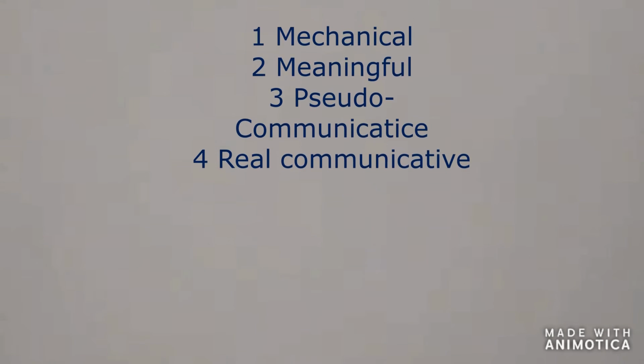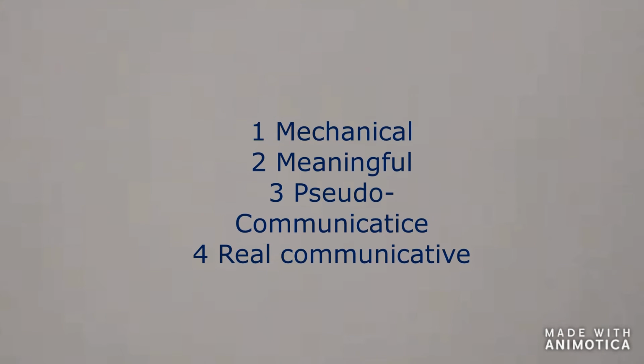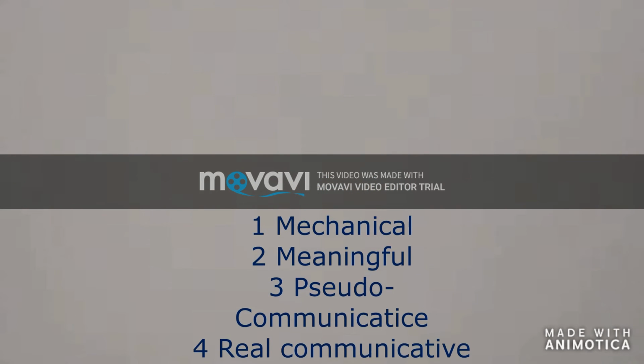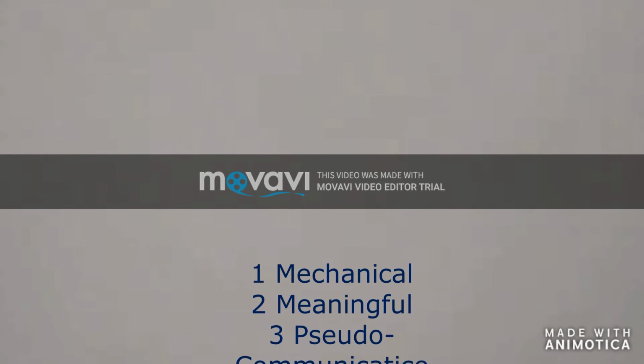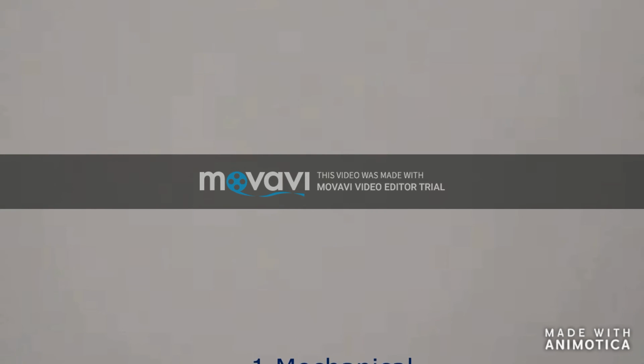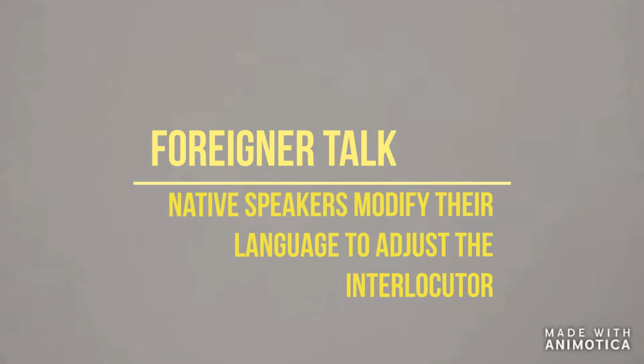Number two is meaningful. Language is contextualized, but there is no exchange of real information. Number three is pseudo-communicative. There is some information exchange, but in a different way from what would happen outside the classroom, in natural contexts. And number four, real communicative, natural and spontaneous language use.